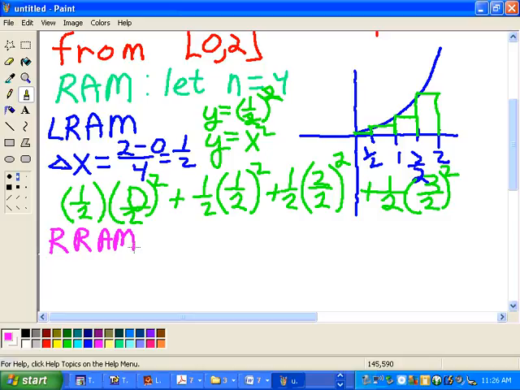We repeat this, but we do it starting at the right. If you started at the right side, you would be starting here. If you're starting here, the width of the rectangle is going to be 1/2.